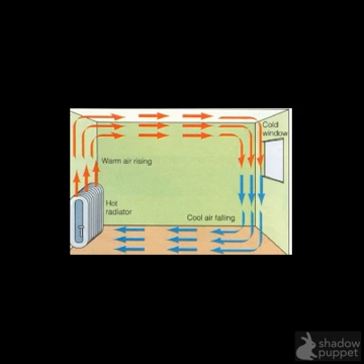And we've got the warm air rising off of the radiator, and then it is up at the upper portion of the room. And then as it cools off, it gets a little bit further away from the radiator, and then it's closer to the cold window. That air cools down, so it's denser, and so it essentially falls down to closer to the ground. And so that is a version of a convection current as well, that circular motion.